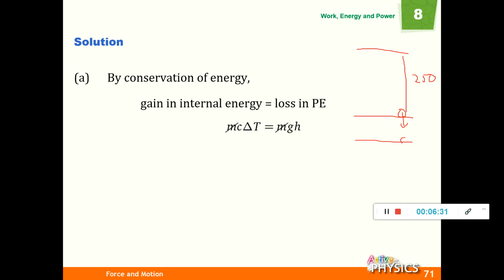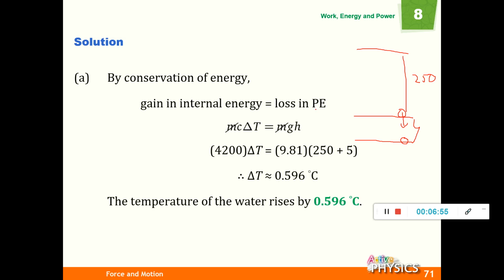Then this water will stop here. Then this one explains it. Loss in PE, gain in internal energy. Internal energy of the water should be this part. So what should you do? You should try to find out the KE loss, because all the KE should be coming from the loss in GPE.